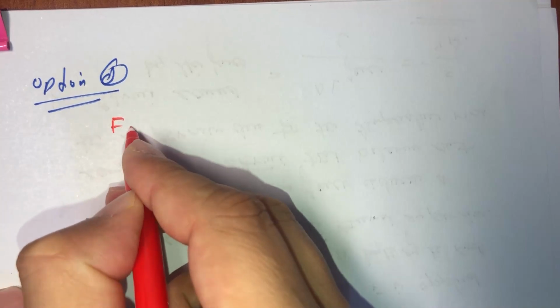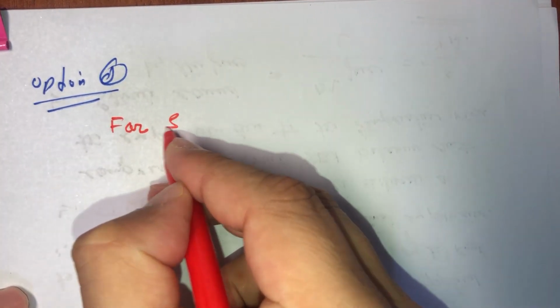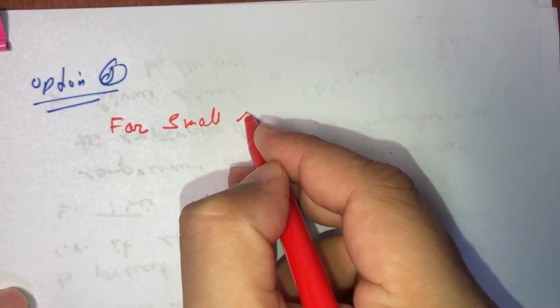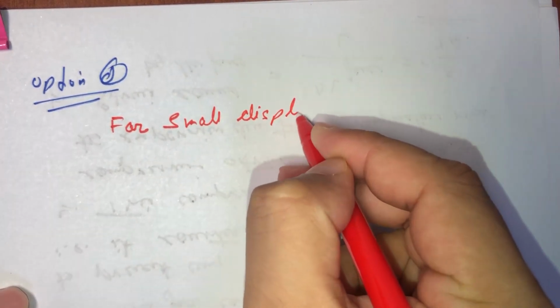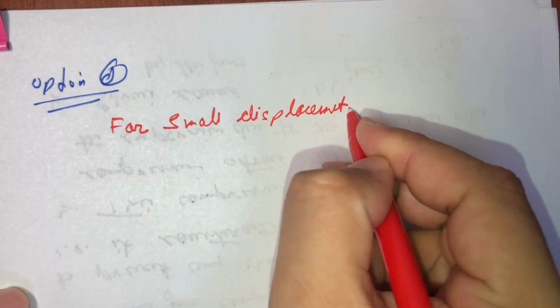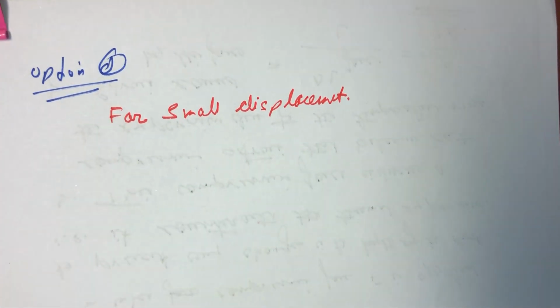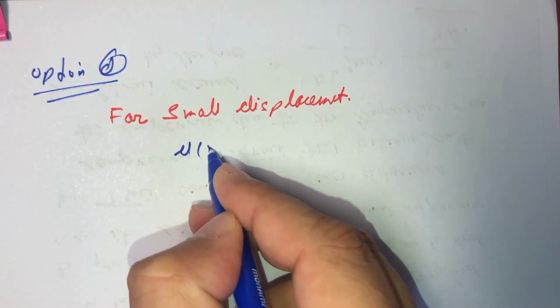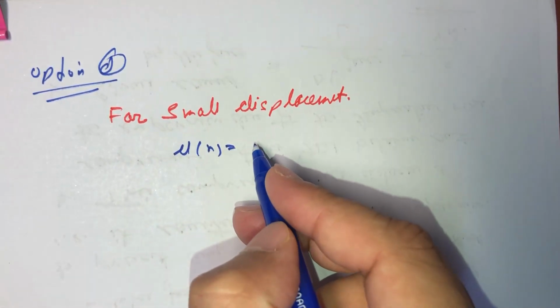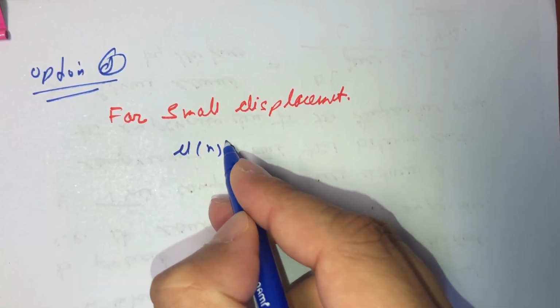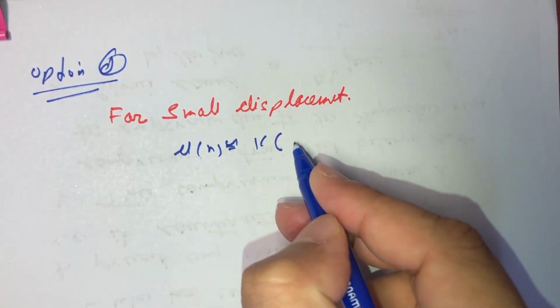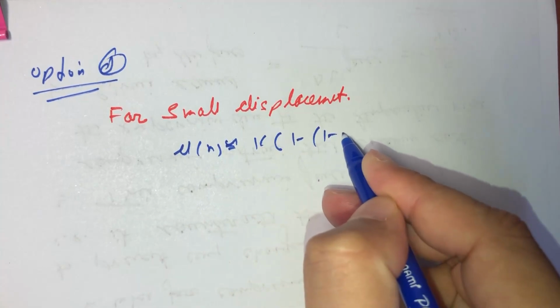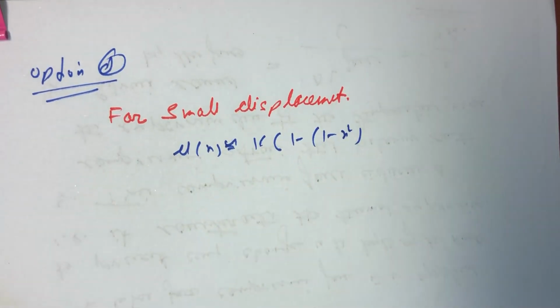So let us say that for small displacement, we can write that U(x) is approximately equal to K(1 - (1 - x²)).